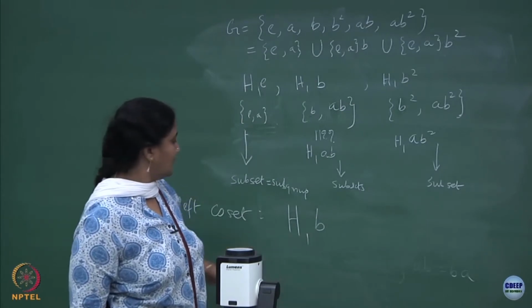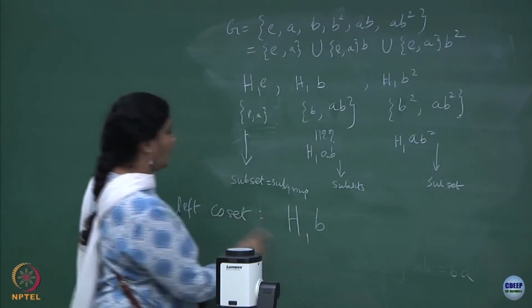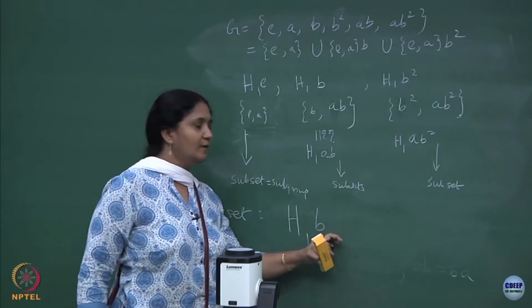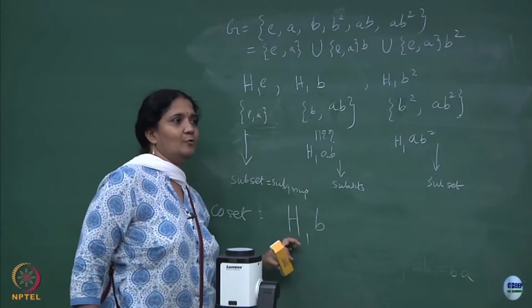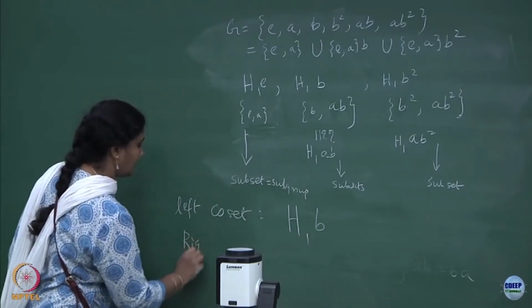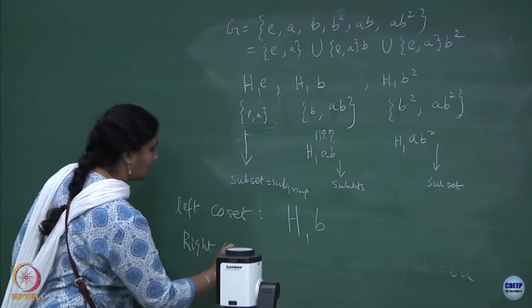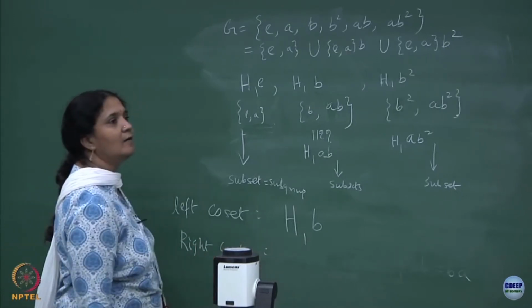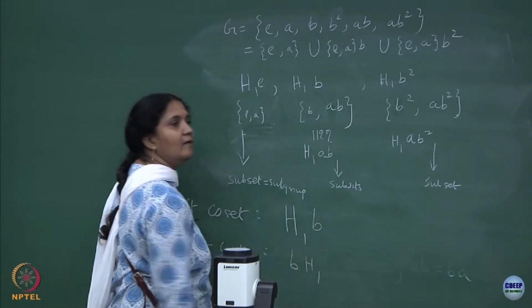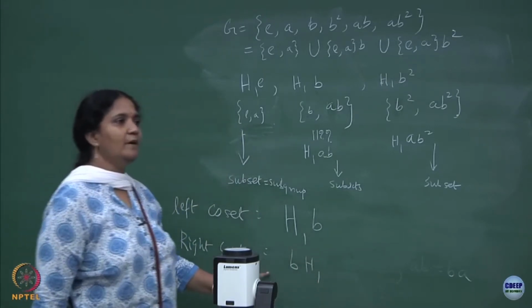Okay. So, this is what we call a left coset if you right multiply the group element with the subgroup. What is right coset? Someone? You left multiply with the group element on the subgroup.